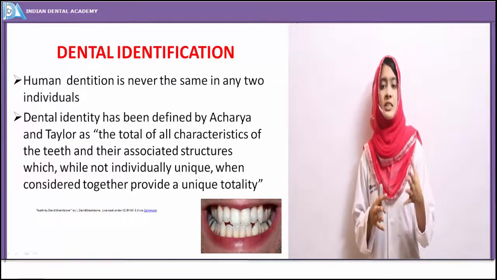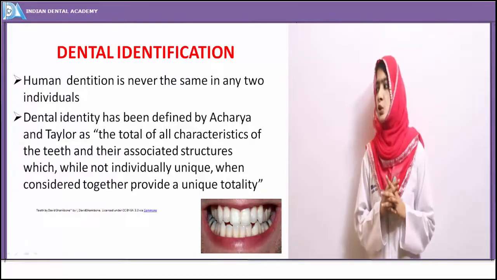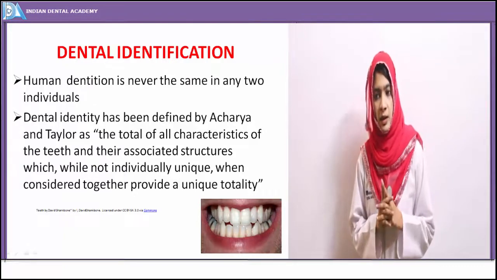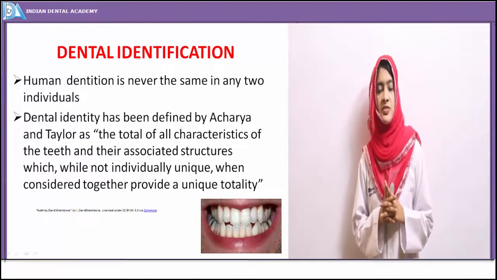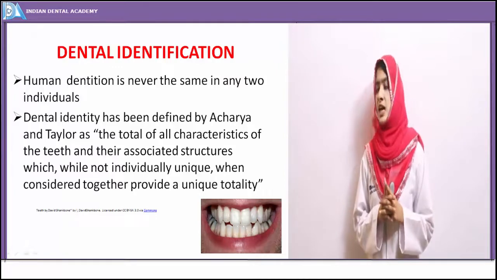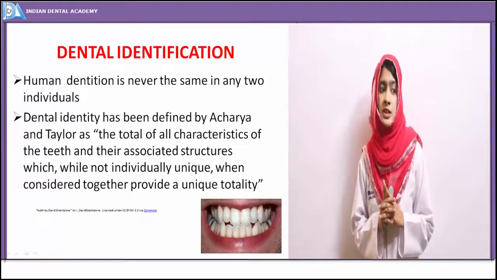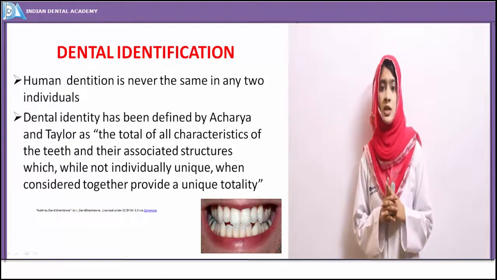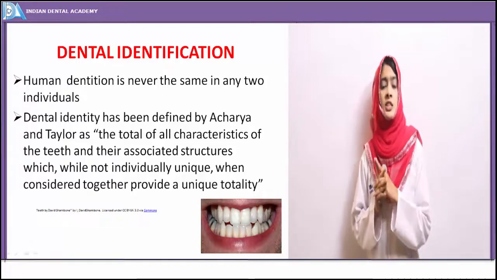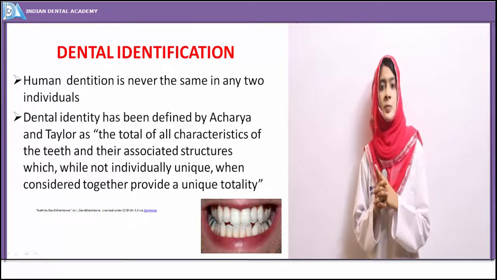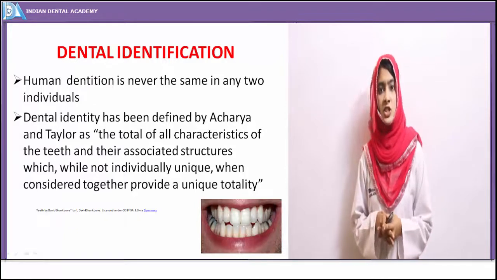As I told you, no two individuals have a similar dentition, and the concept of dental identity was defined by Acharya and Taylor, specifically for the Indian population. The author Acharya works in the forensics department, and he is responsible for giving the definition of dental identity.